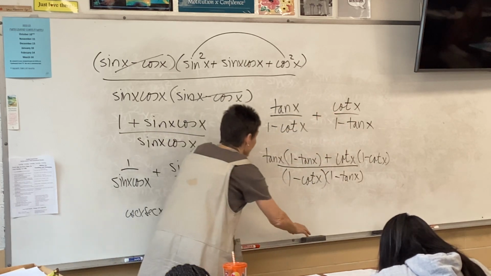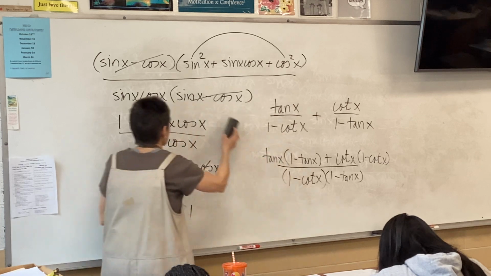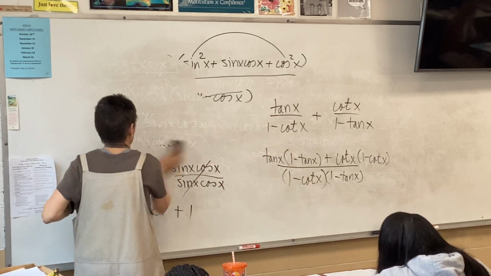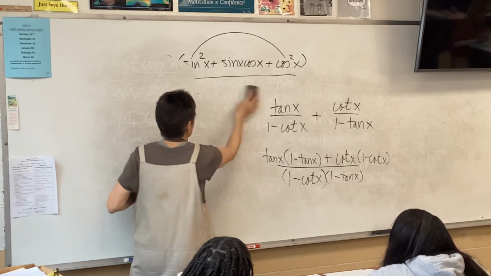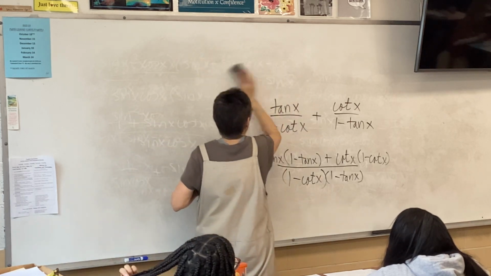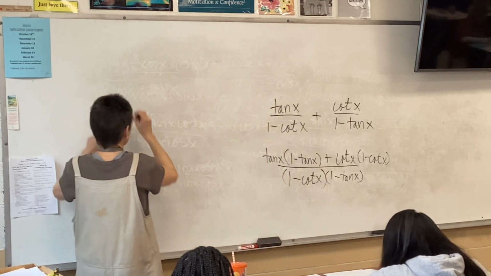All right, now what should we do? Since we have our common denominator now, what should we do? How about we distribute?